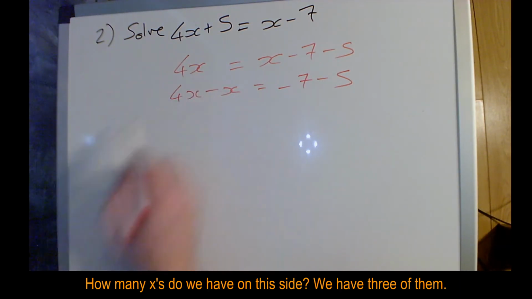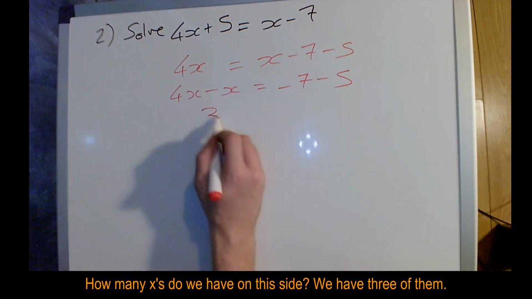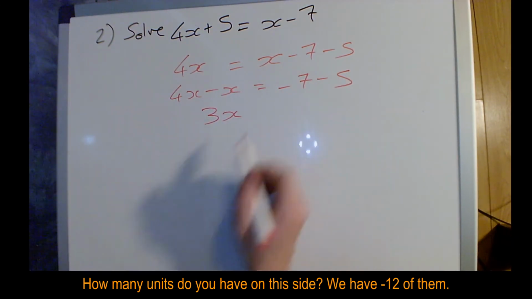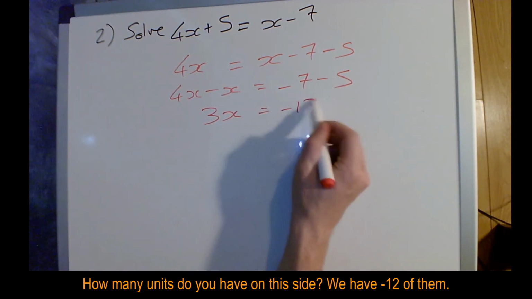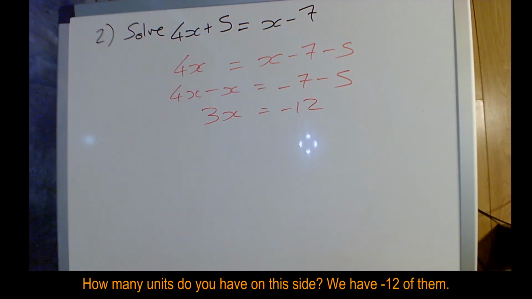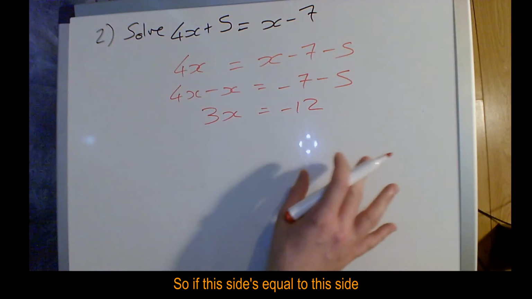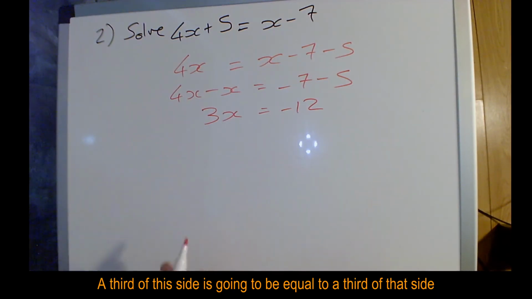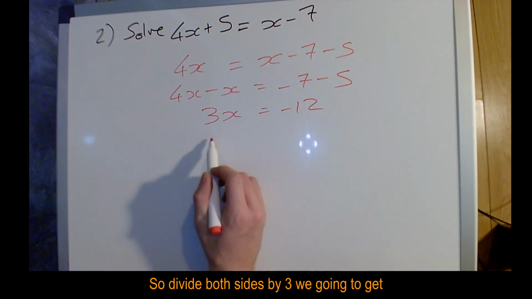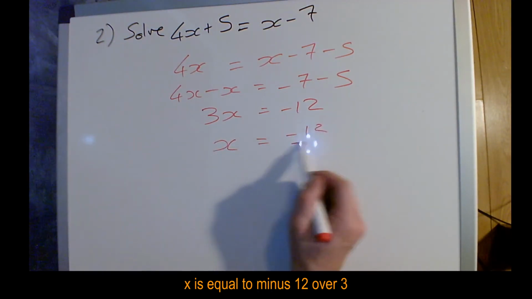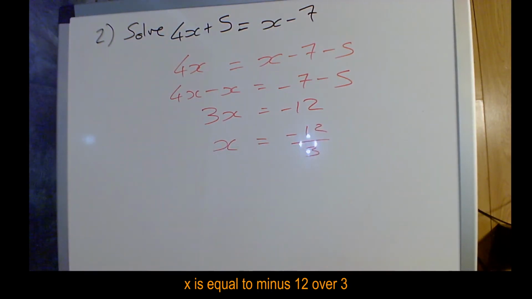How many x's do we have on this side? We have 3 of them. How many units do we have on this side? We have minus 12 of them. Can we divide both sides by 3? So if this side is equal to this side, a third of this side is going to be equal to a third of that side. So divide both sides by 3, we're going to get x is equal to minus 12 over 3.